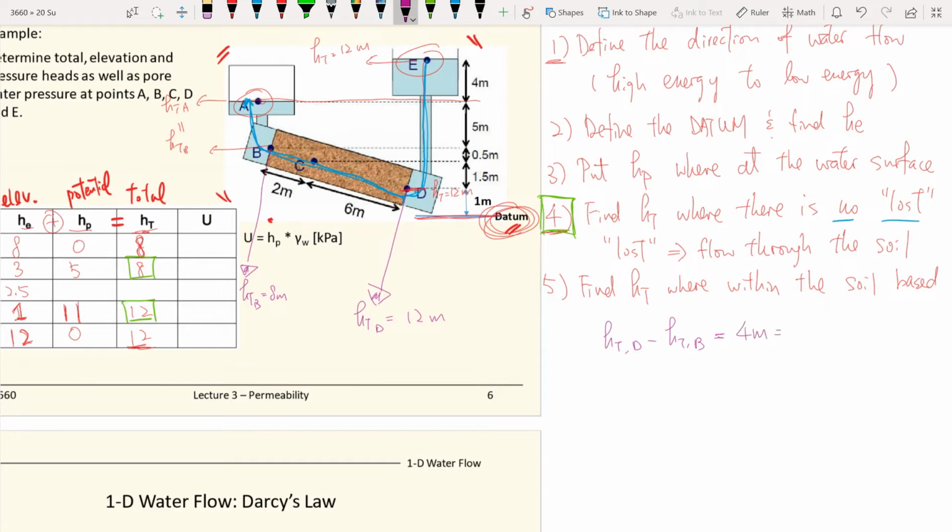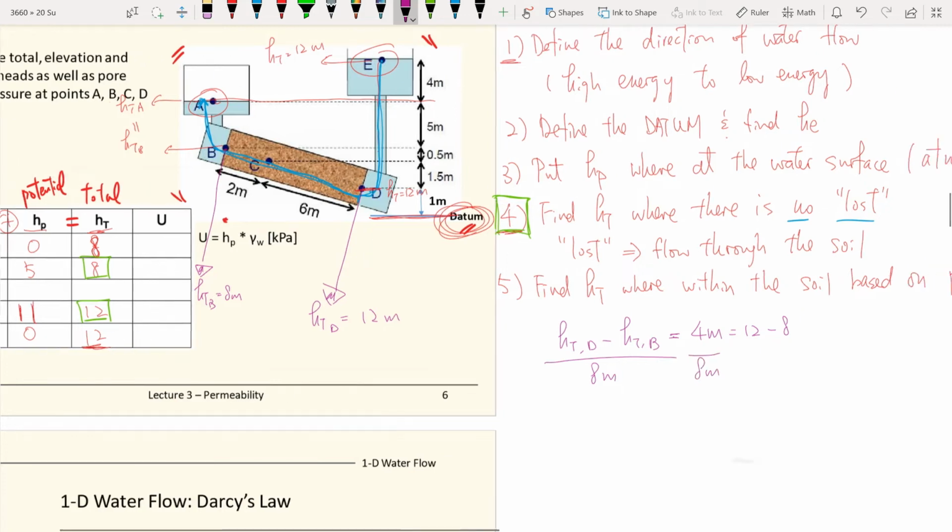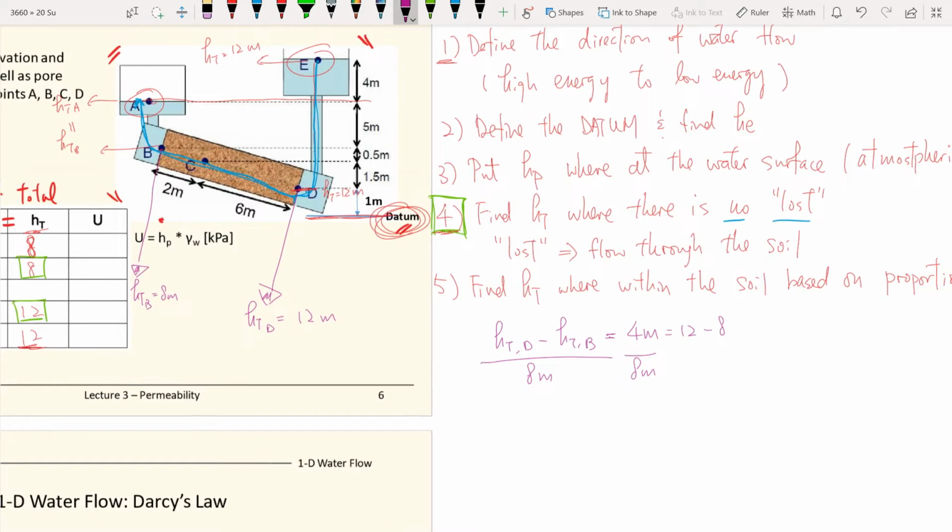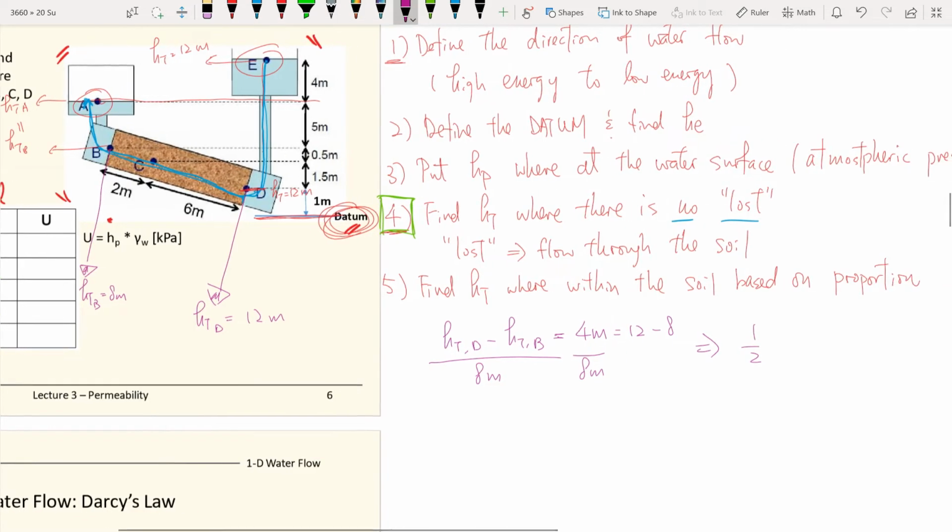This is 12 minus 8, and it travels through a distance of 8 meters. So if we divide that by 8, here we have 1/2 meter drops.